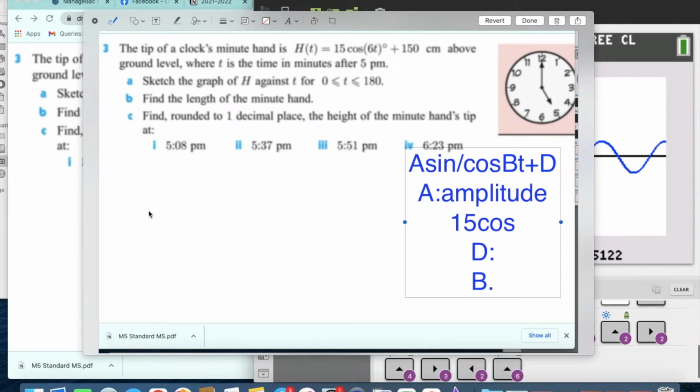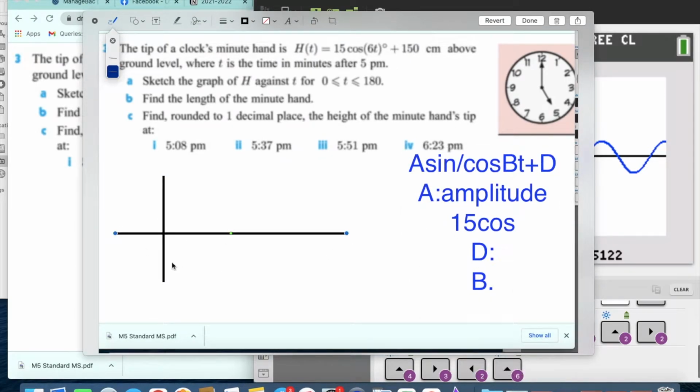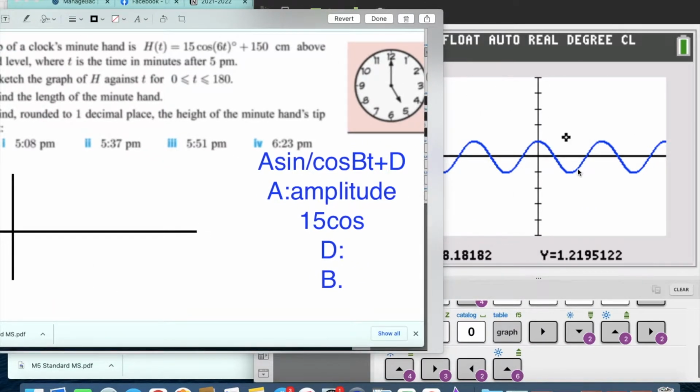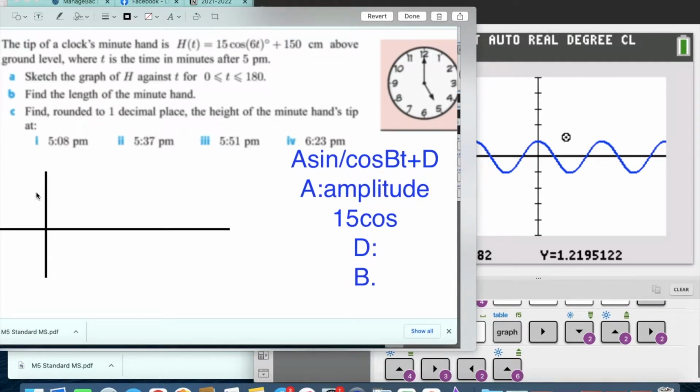So if we've got 15 cos, what do you think is going to happen? Well done. Clearly, if we've got 15 cos, it's going to change it so that instead of varying between 1 and -1, it's going to vary between 15 and -15. So let's copy it from here. It's going to be the same sort of pattern, etc. So now we're going to have it between 15 and -15.